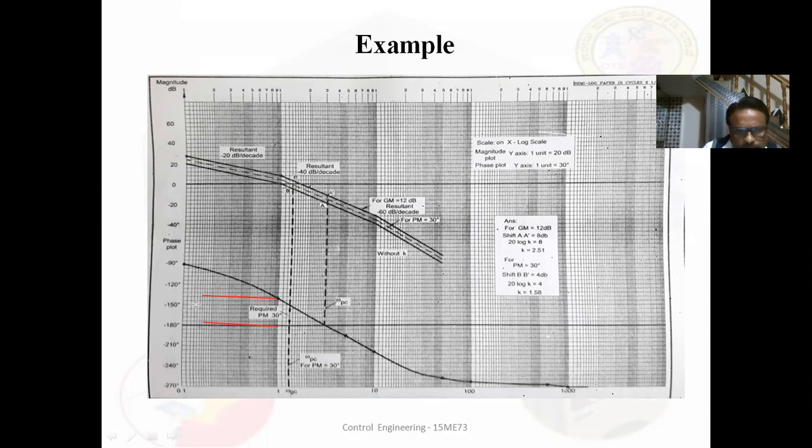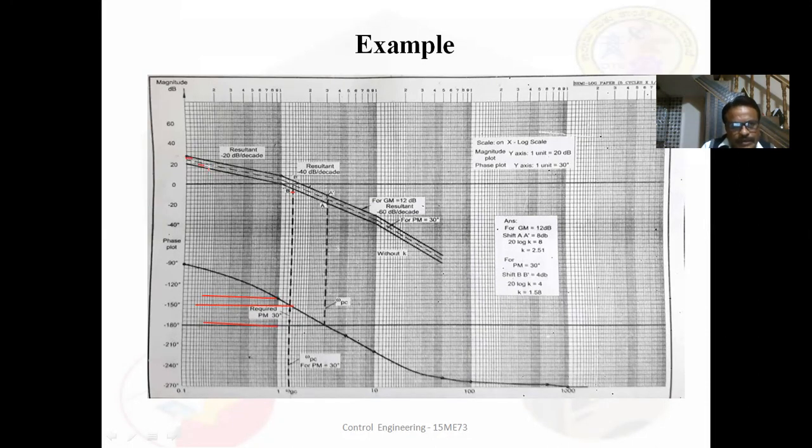So this will be the 30 degree line. Then we have to shift, so that is 4 dB we have to shift. Then draw a line parallel to this line.